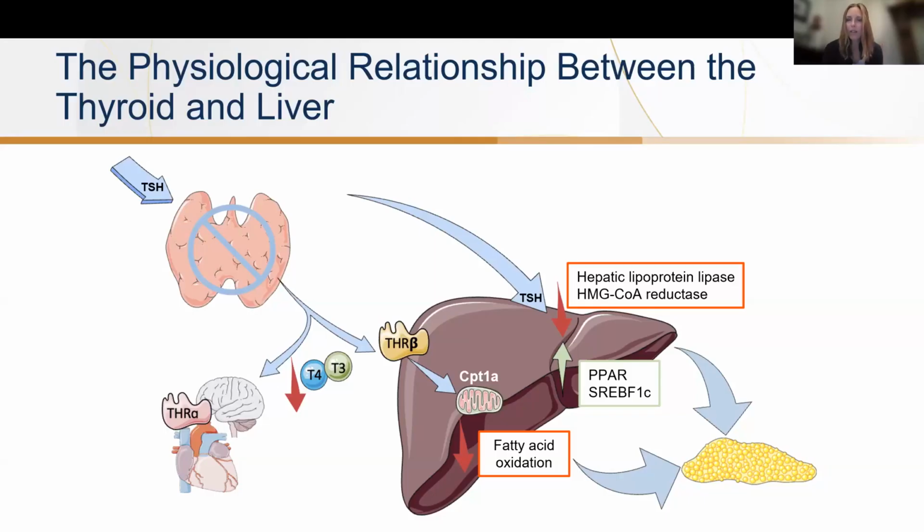Now, the mechanism of action in resmetirom, it improves lipid metabolism. It activates genes for fatty acid breakdown and enhances bile acid production, promoting cholesterol elimination.